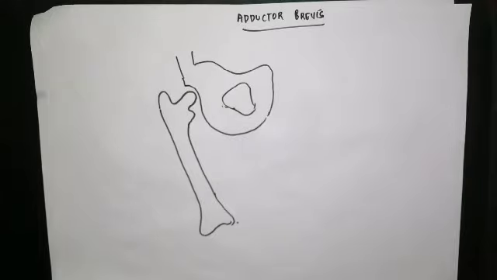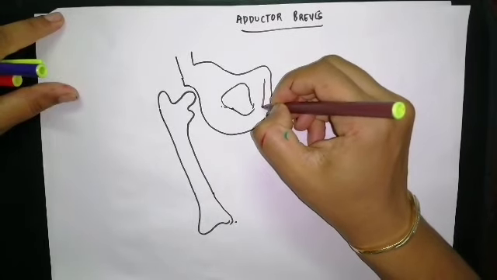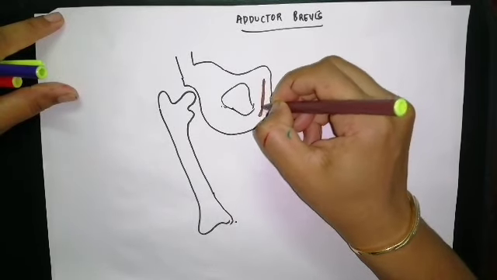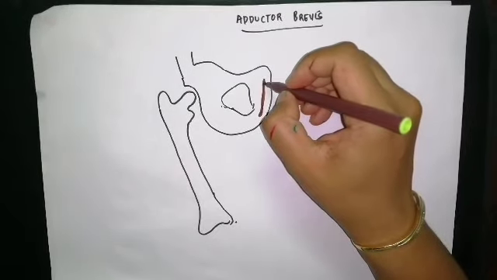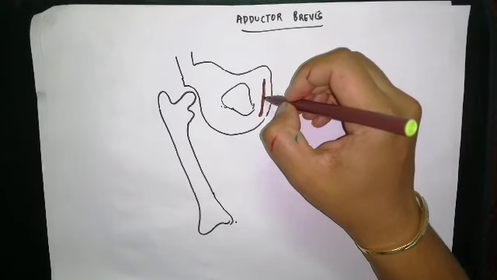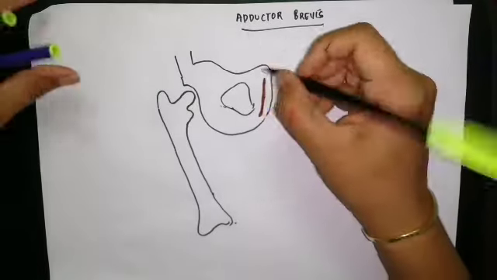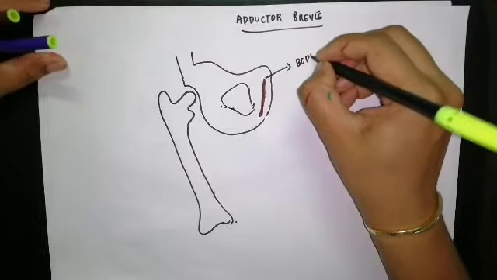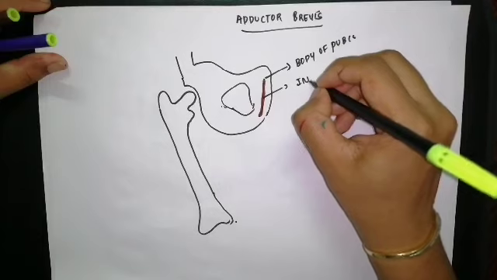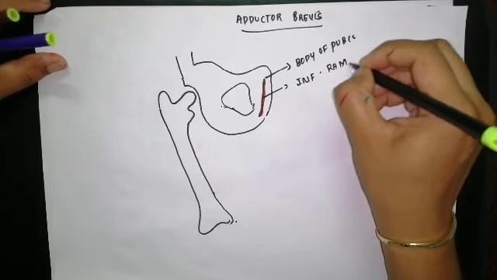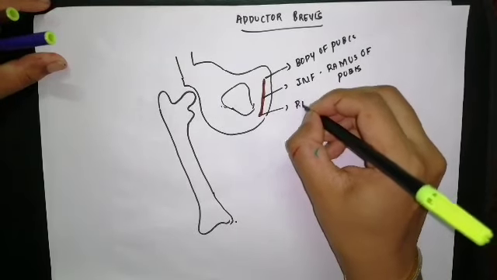So the adductor brevis muscle is originating like this. It originates from the body of pubis and the inferior ramus of pubis and ramus of ischium.